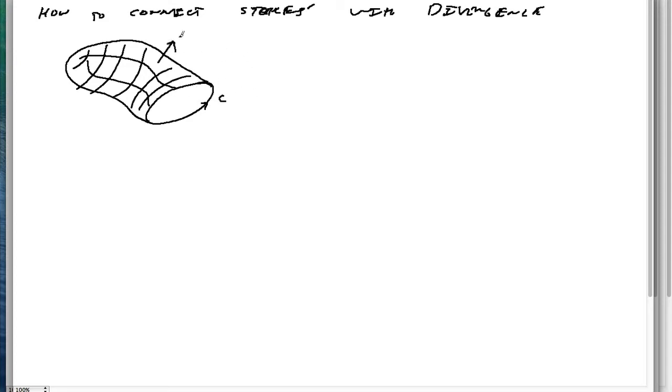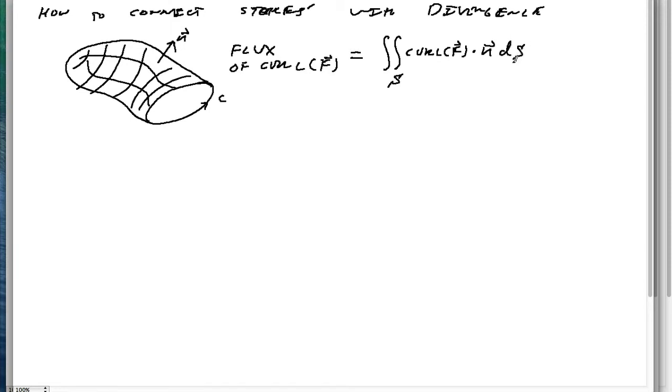And we have some outward normal, call it N. And what we're really talking about is the flux of the curl of F dotted with the normal, dS, is equal to the work over C.